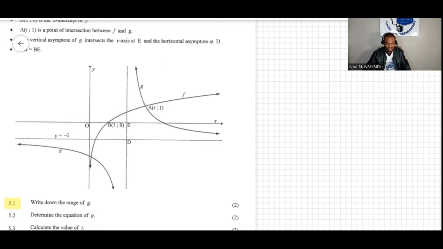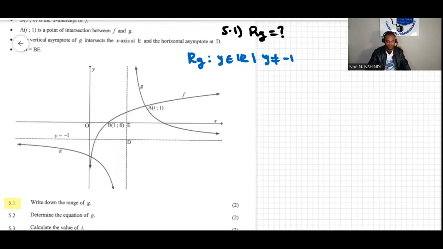So I can write the question over here, question 5.1. We're looking for the range of g. The range of g will be y is an element of R such that y is not equal to -1.